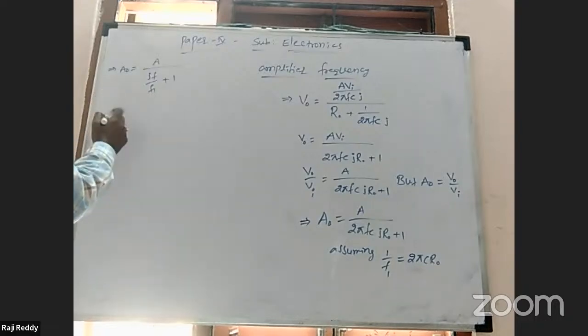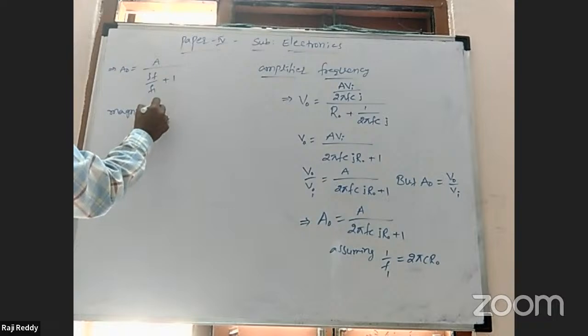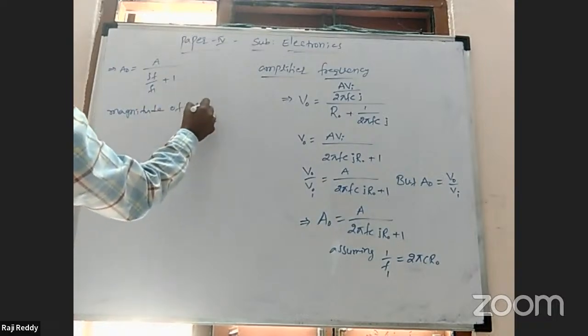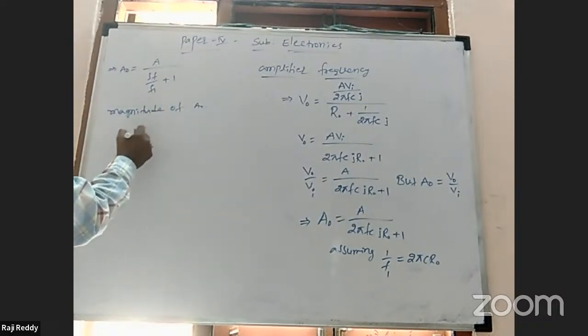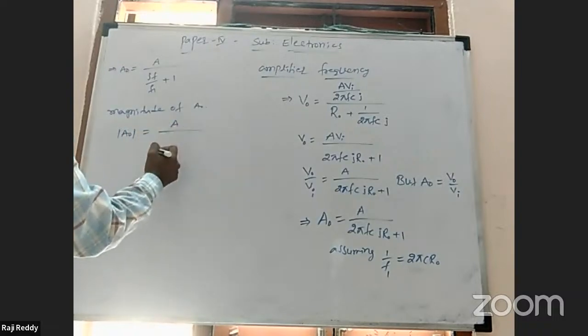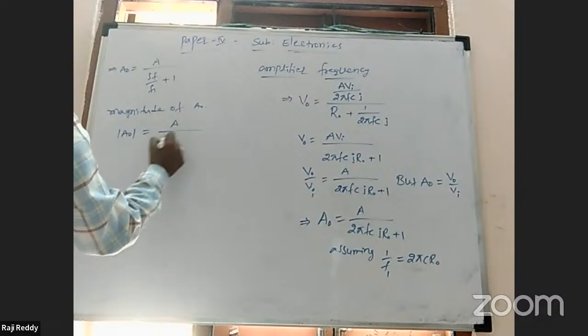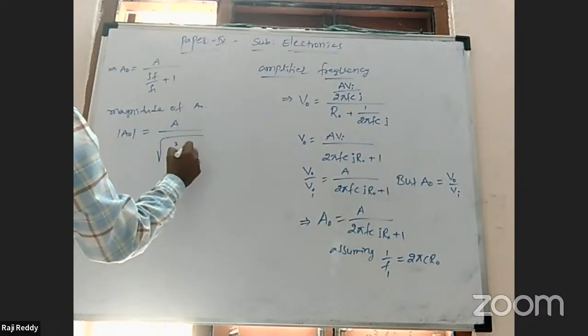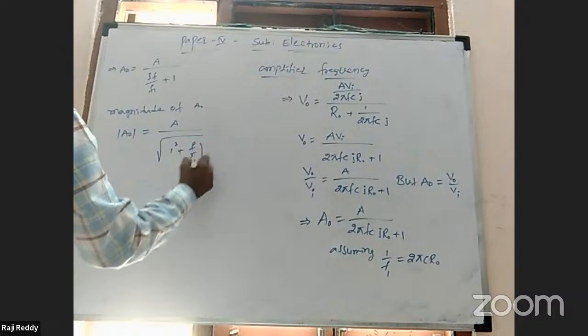If you want to calculate the magnitude of A naught, mod A naught is equal to A by under root of j square value, which is 1, so 1 square plus (f by f1) whole square.